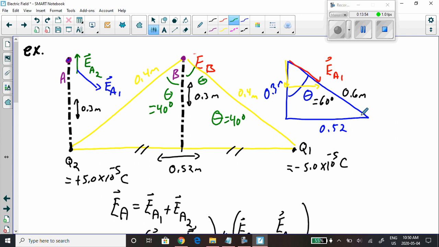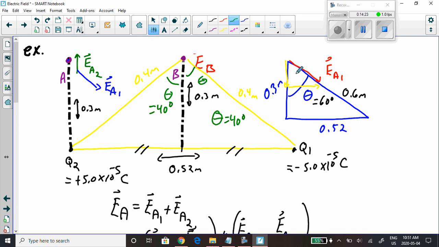So that's important because that's our R. The other thing that's really important to calculate, which you could calculate using trig, is what is this angle here? And you could easily calculate that to be 60 degrees. Why is that important? Well, it's important because the electric field at point A due to charge 1 is not all x, it's not all y, it has to be broken down into components as we were talking about a few moments ago.